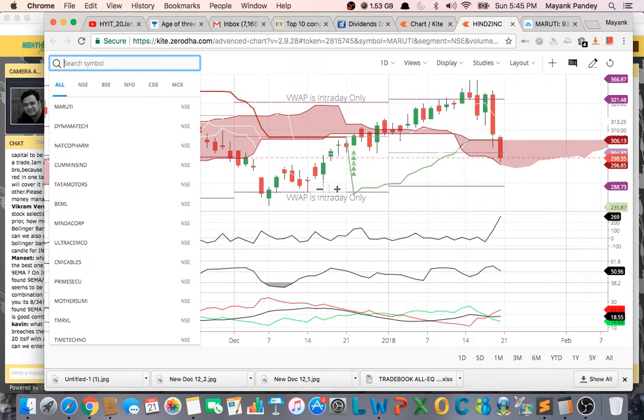Okay, Brahma is asking, please tell about money management. I mean, how much percentage of capital to be allocated to a trade? Because if you are in red in one trade, you will cover it in another. Please see, that actually depends from person to person, Brahma. It depends on your risk taking appetite.